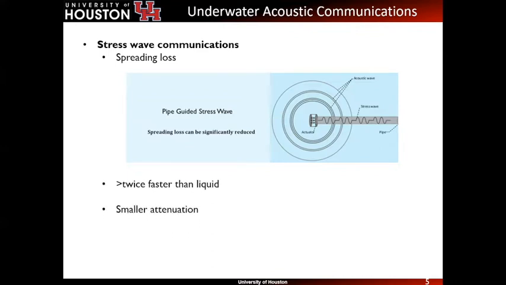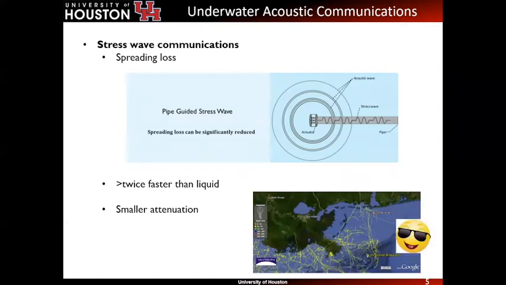Furthermore, the velocity of stress wave is twice that of underwater acoustic, and it also benefits from the relatively smaller attenuation. So, stress wave communication is quite suitable when the sensors are fixed on the pipe wall. We can use the existing pipeline network to monitor the infrastructure and send information.